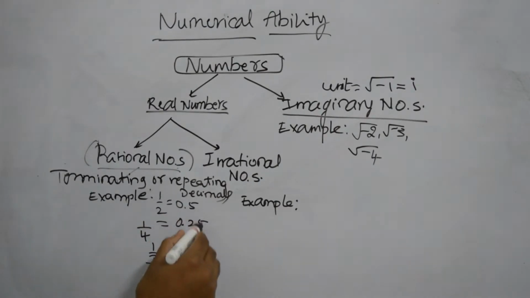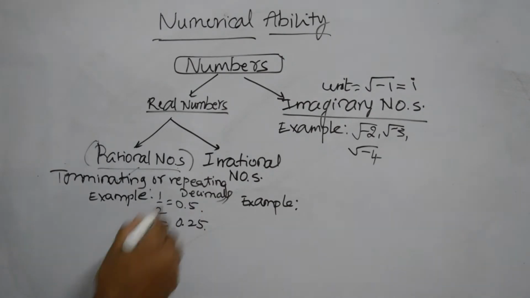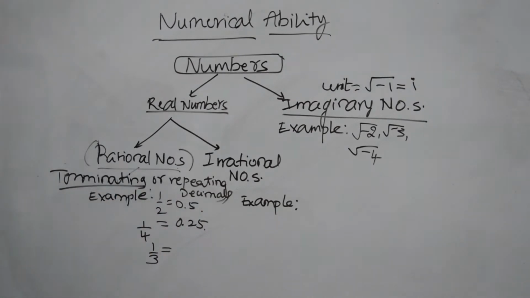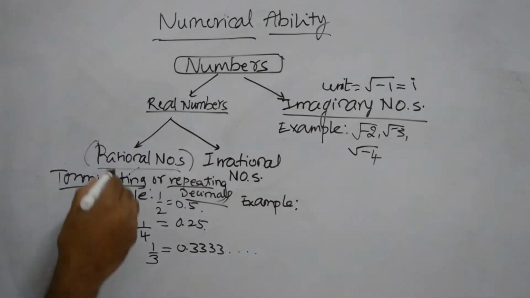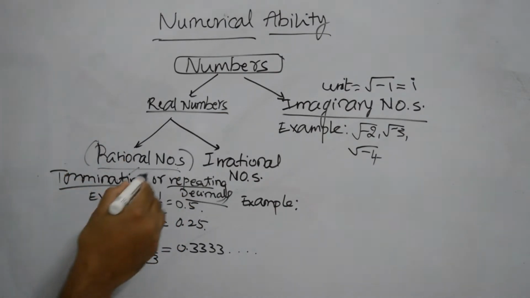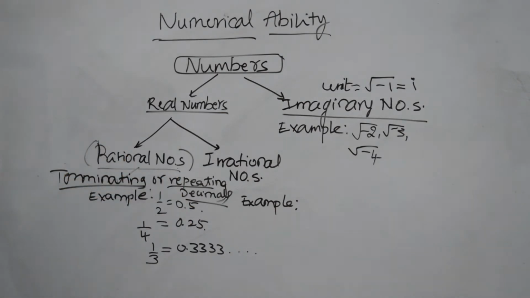Here the decimal is going to end, therefore they are called terminating. In another example, 1 by 3 is equal to 0.3333, and it goes on continuing and repeating. Therefore they are called repeating decimals. So rational numbers include both terminating as well as repeating decimals.